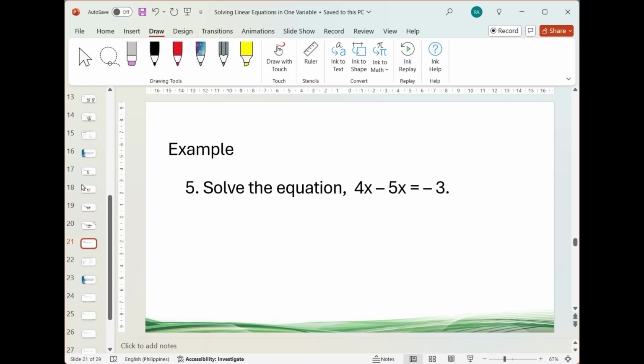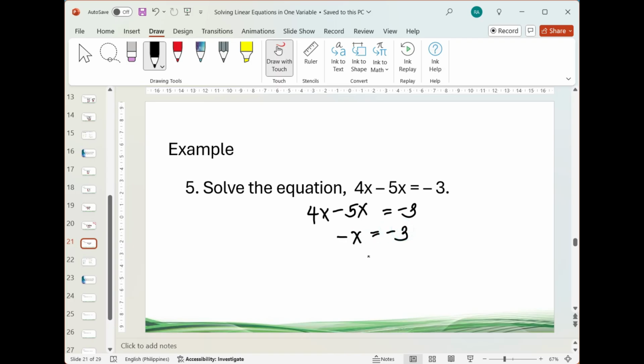Clear? Another example, example number 5. Let us solve the equation. So sulat natin 4x minus 5x is equal to -3. So dito, bago ka mag-perform ng MPE or DPE, isimplify mo muna kung ano pwede nating isimplify. So notice na yung left side ng equation pwede nating isimplify. So 4x minus 5x is -x. Copy equals copy -3.